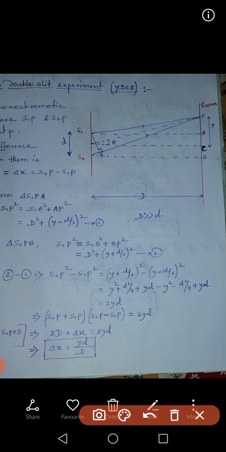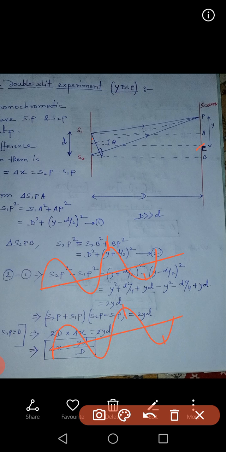Path difference equals 0. That means, suppose this is a wave S1C, and another wave. Now if they don't have any path difference, then at point C either the troughs of both the waves will meet, or the crests of both the waves will meet.